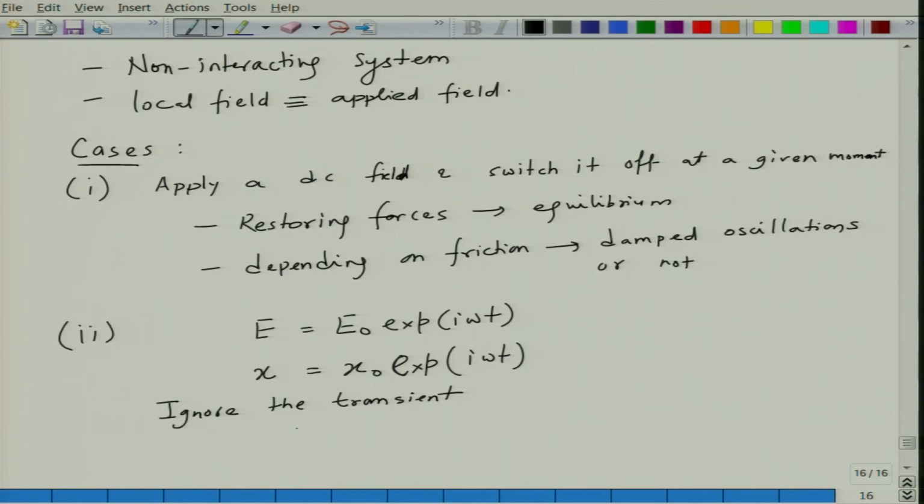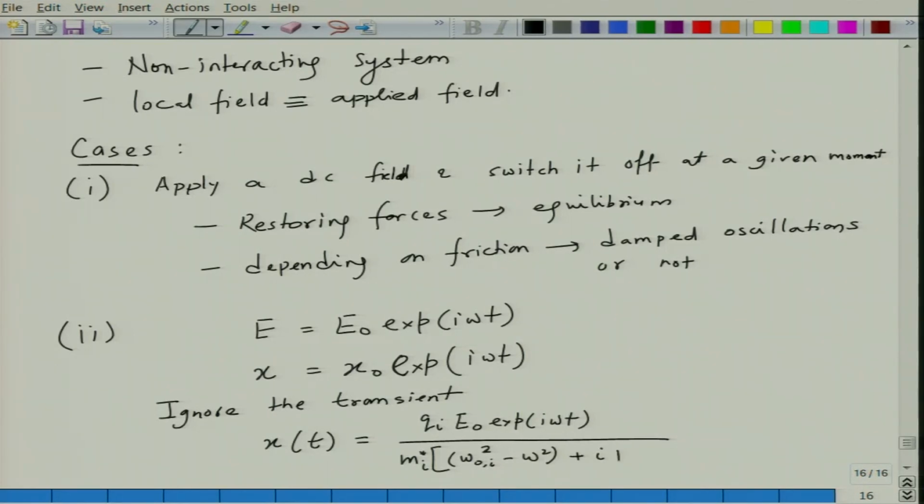But for the sake of simplification, for the sake of saving time, we just write the solution as x(t) equal to q_i E naught exponential of i omega t divided by m_i star into (omega naught i squared minus omega squared plus i gamma_i omega). This will be the solution of the above equation that we have just written in the previous page.